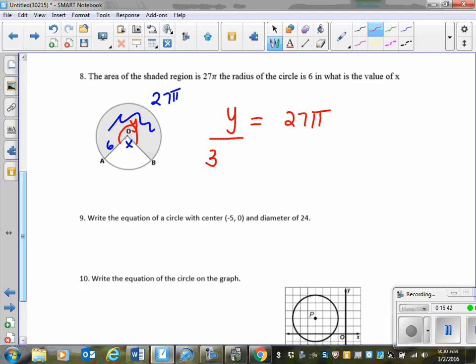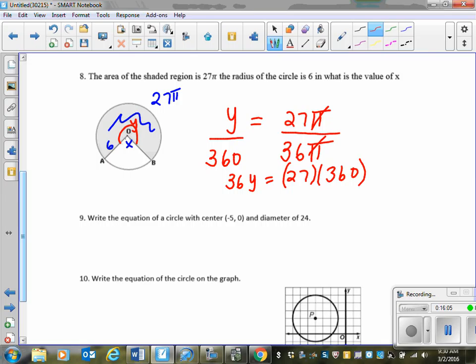When the degree is 360 degrees, the area is going to be pi radius squared, which is 36 pi, right? Since they both have pi, I'll just cross that out, okay? And then I'll just do 36y equals 27 times 360.